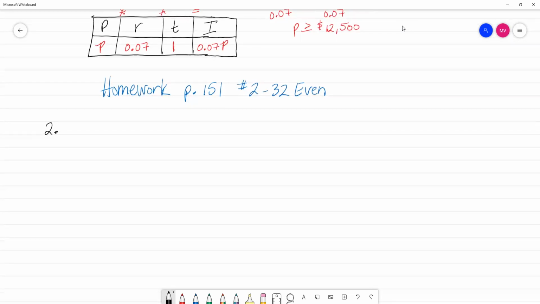So 2 is x minus 2 less than or equal to 3. 4 is 4x is greater than -2. 6 is negative x over 2 less than 4. Last one, 8. X minus 8 is greater than or equal to -8.